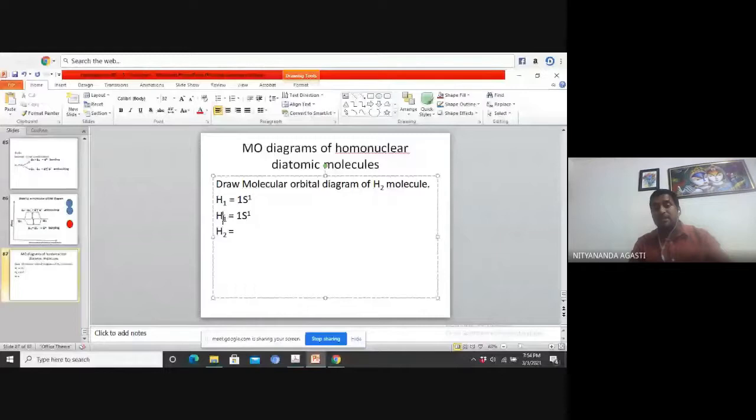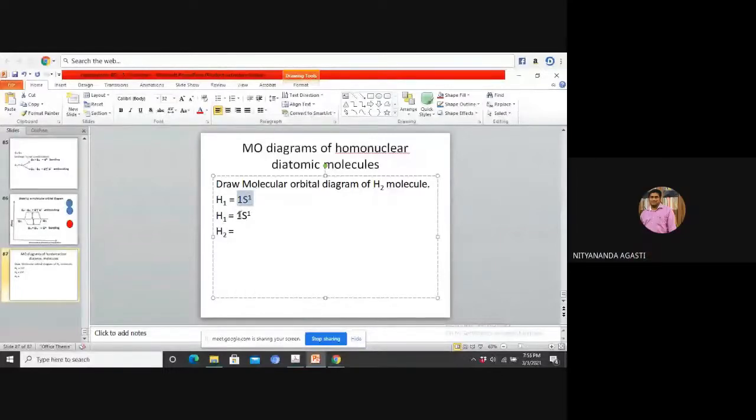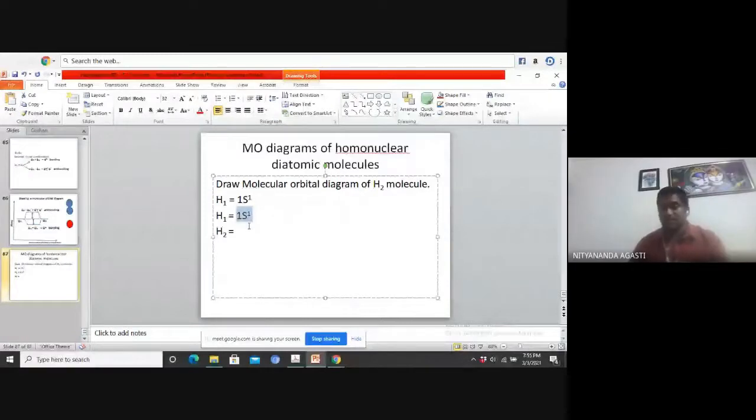Obviously, both will be the same, right? Since both are the same, they will be of similar symmetry and similar energy, and they undergo linear combination to give you molecular orbitals, right? So head-on overlapping will lead to the formation of a sigma bond.